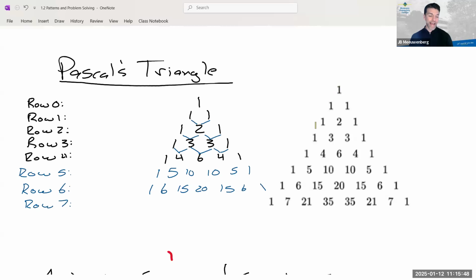If you look down the diagonals, you'll start to notice something. The first diagonal is just the number 1 over and over. The second diagonal is just our counting numbers, our natural numbers, 1, 2, 3, 4, 5, 6, 7. What did you notice about the next diagonal? 1, 3, 6, 10, 15, 21.